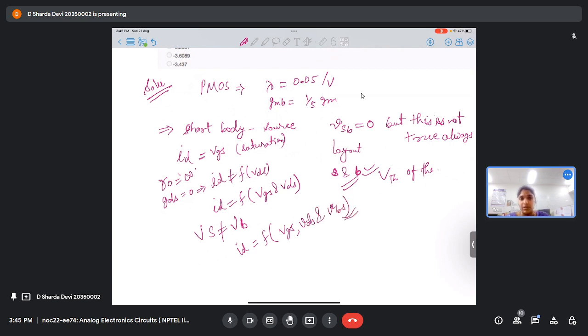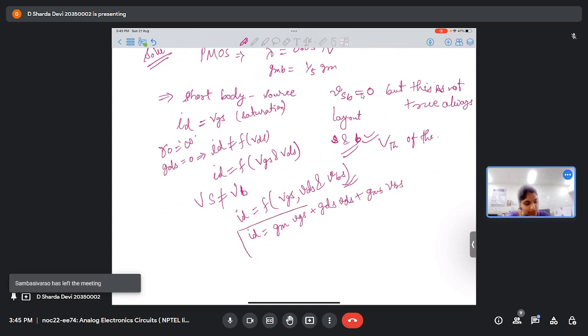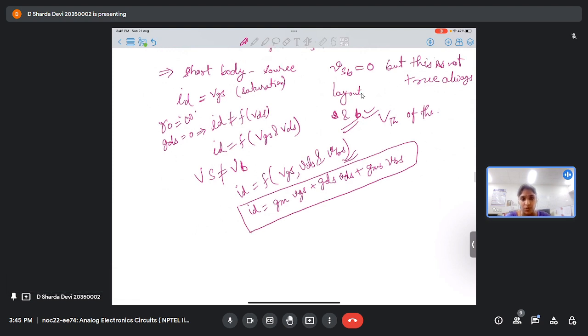Okay, so if we talk about the universal current equation, we write it like Gm VGS plus GDS VDS plus GMB VBS. This is what the universal current equation looks like for a MOSFET with body effects.